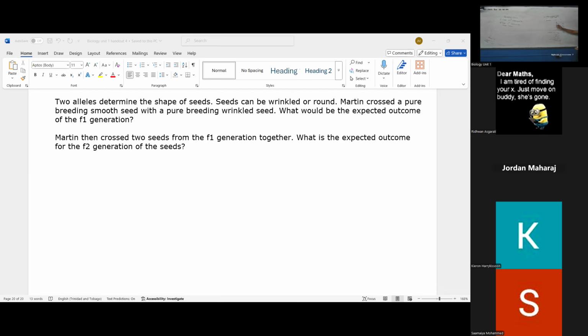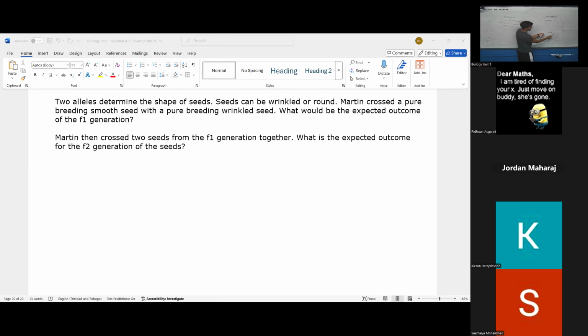So again, we cross two homozygous dominants, so we produce a 4-to-0 ratio, meaning all the F1 generation will contain wrinkled seeds. So the answer to the first one is the expected outcome is 4 wrinkled seeds, 4-to-0. The second generation, because the first generation is all wrinkled seeds, the only possible combination would be a second generation of heterozygous.